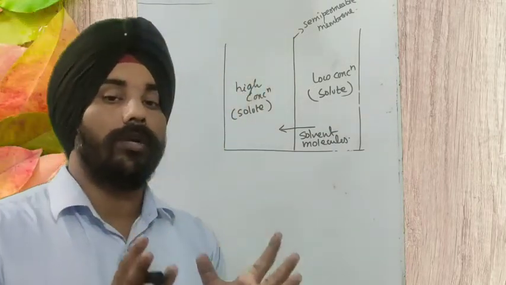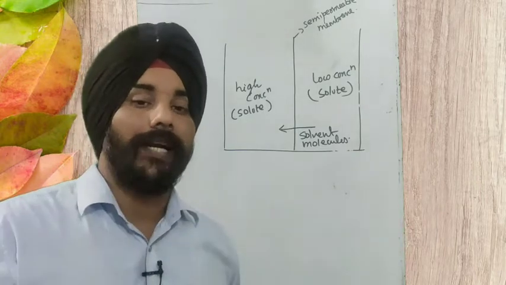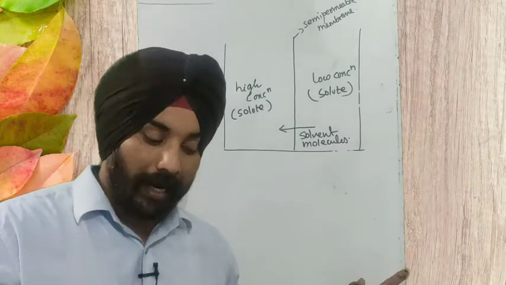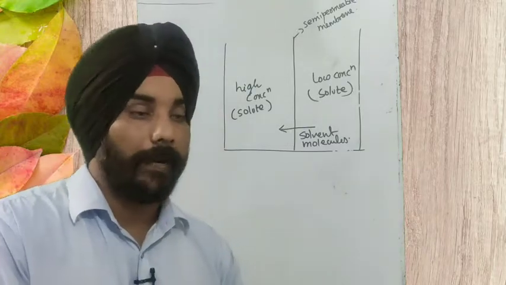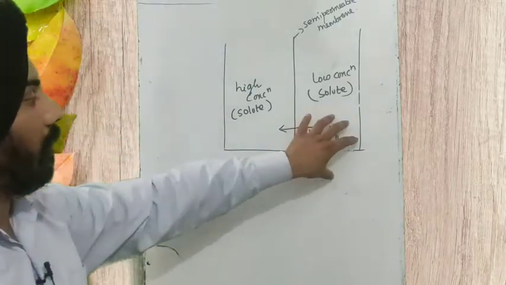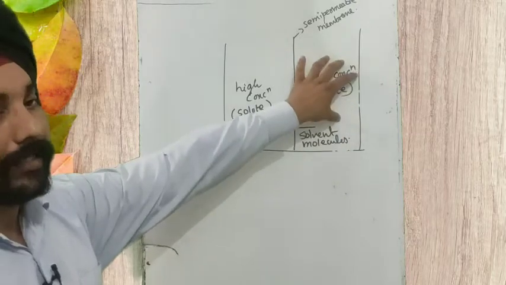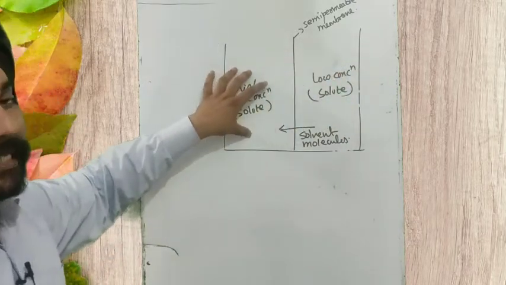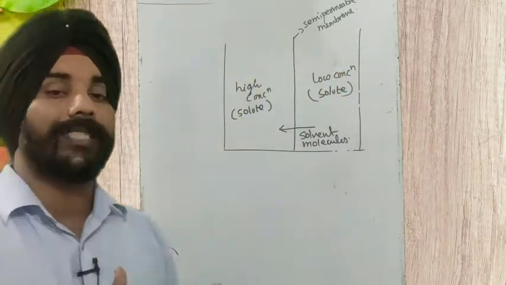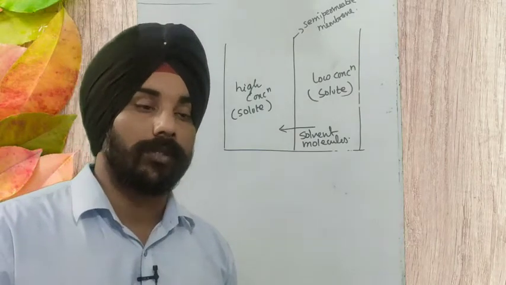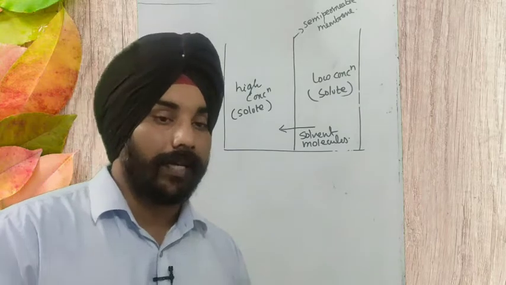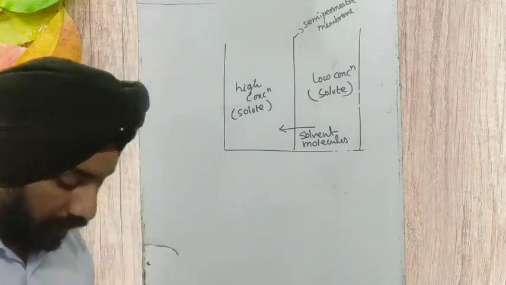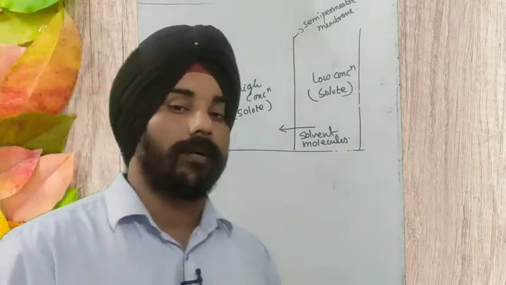When two solutions having different concentrations are kept in contact and separated by a semi-permeable membrane, solvent molecules pass from lower concentration of solute to the higher concentration of solute. This process is known as osmosis. I'm not going to write the definition here. You must write the definition as I'm speaking, and you can take the help of the book.